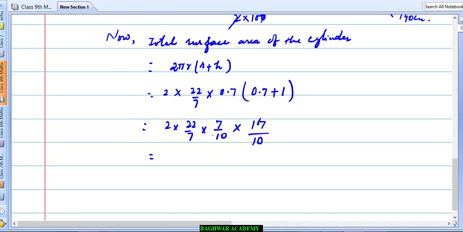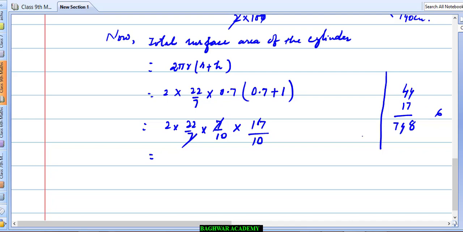Then we will write, here you see this 7 and 7 will be cancelled, and then you multiply, 2 fours are 8, 2 fours are 8, 44 you will have. So you will multiply 44 and 17. 17 fours are 68, 6 you will have, and again 68 and 6 will be 74.